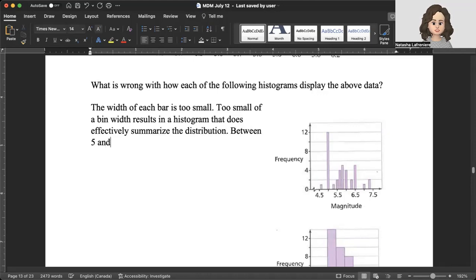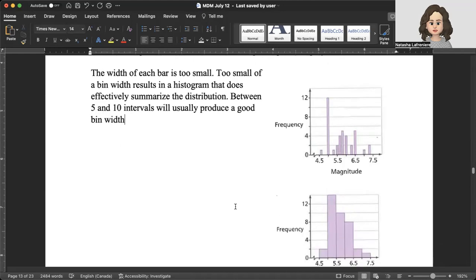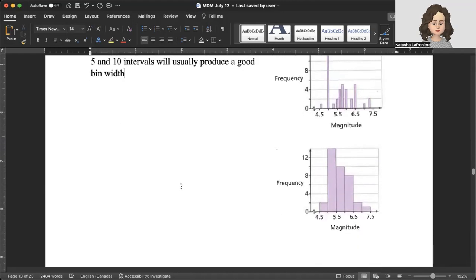Between 5 and 10 intervals will usually produce a good bin width. Okay, so as you can see, the bars are way too small, so it doesn't represent the data too well.